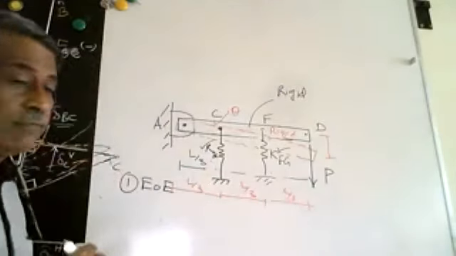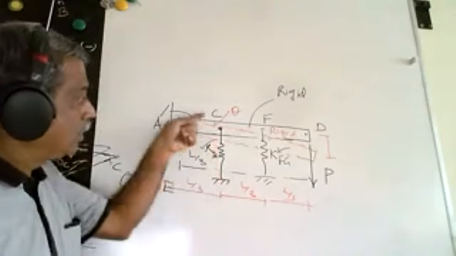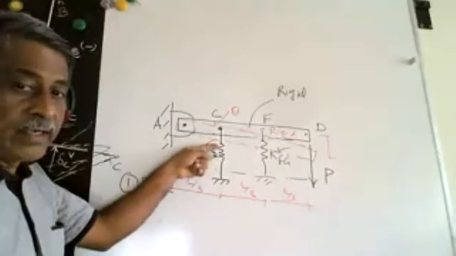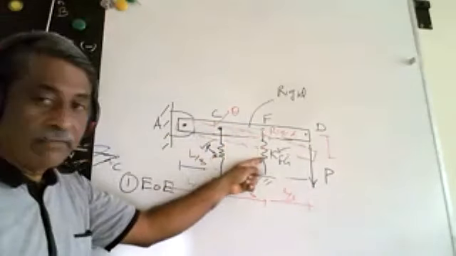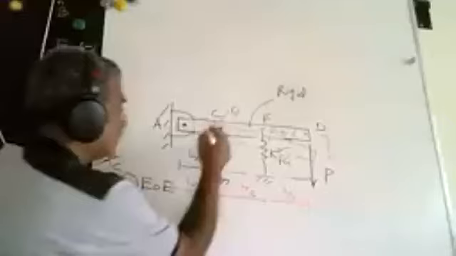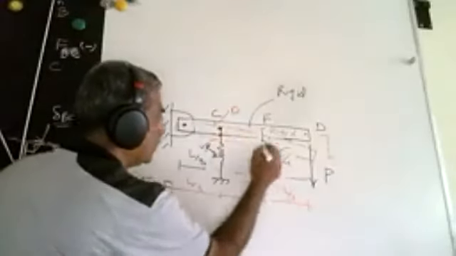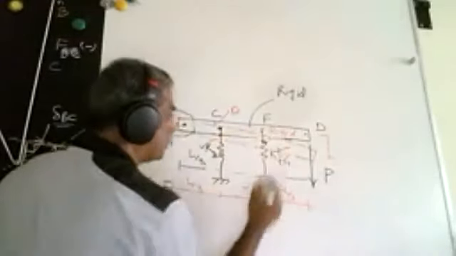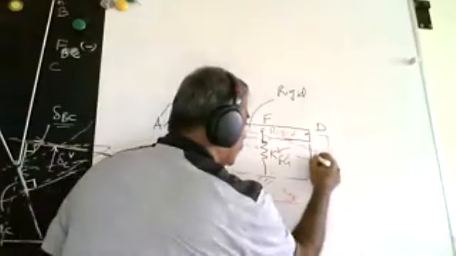Now it is possible for me to find out how much this would have deflected down, how much this would have deflected down, right? This point would have now moved to this point. This point would have now moved to this point. This point has moved to this point.